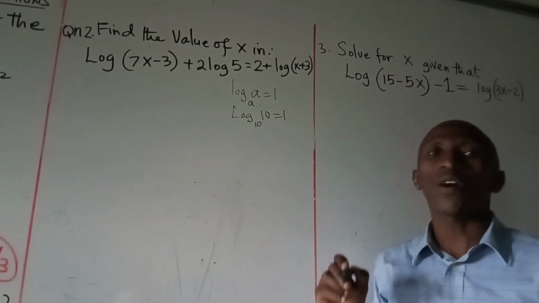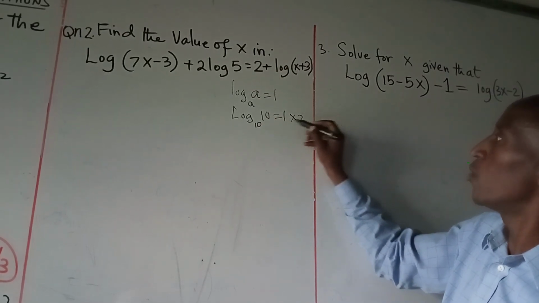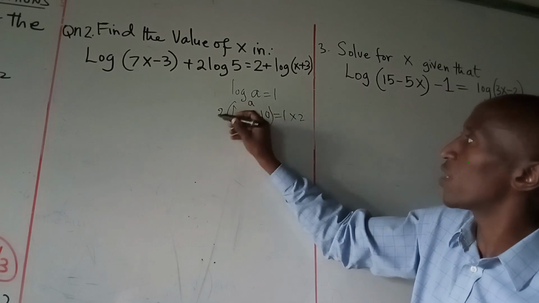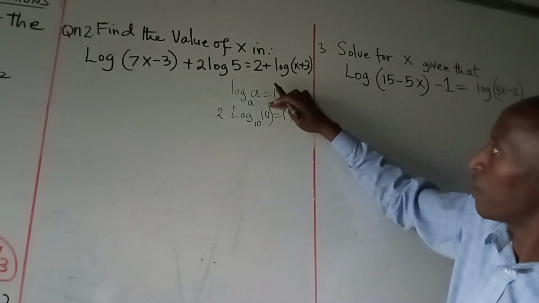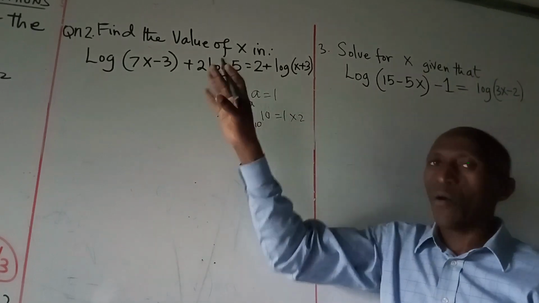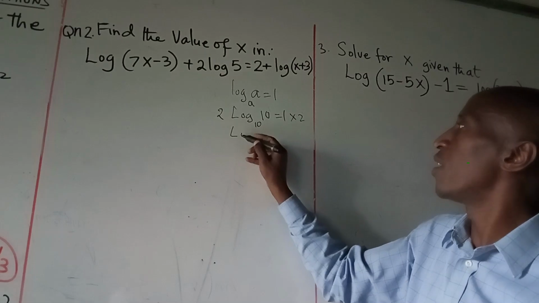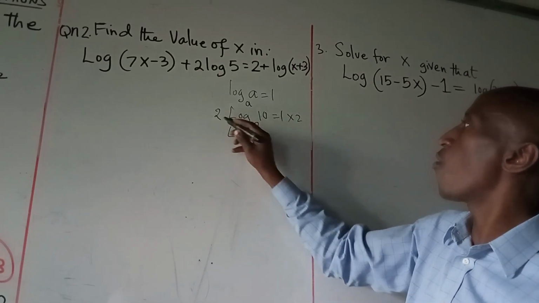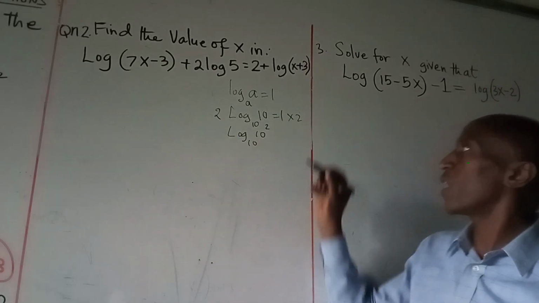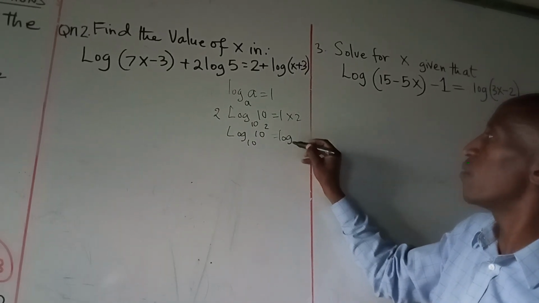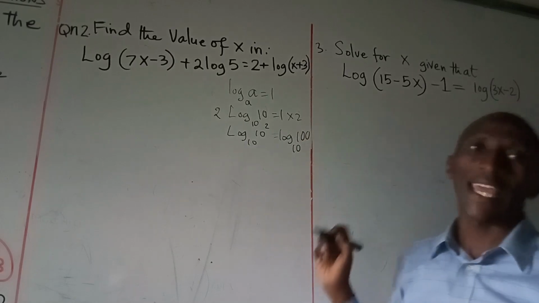However, viewers, in our question, we have a 2. So I will multiply that with the 2. We do not need to have the brackets. Now, with our earlier argument, this multiplier should move here so that we have log to base 10 of 10 squared, which is equal to logarithm of 100 to base 10.